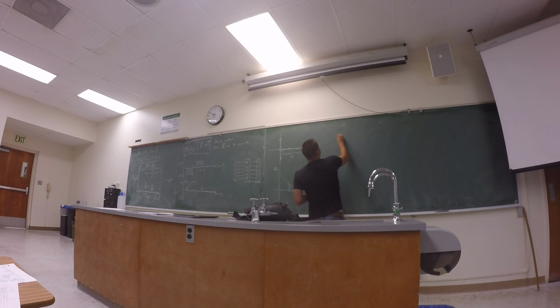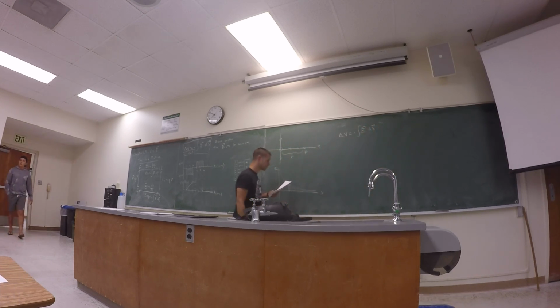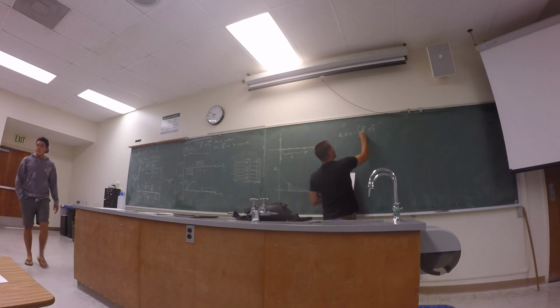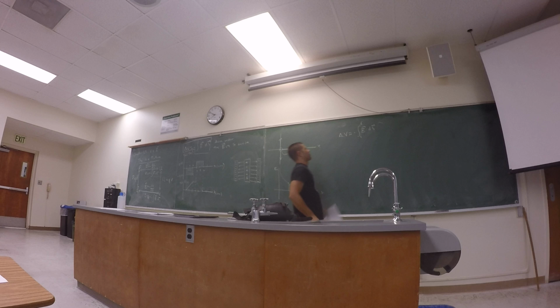Okay, well, I'll start with this right here, minus the integral of E dot ds from wherever I'm starting, which in this case is going to be out in infinity, to wherever I end up, which is at this point right here. Now the electric field extends beyond here, right?